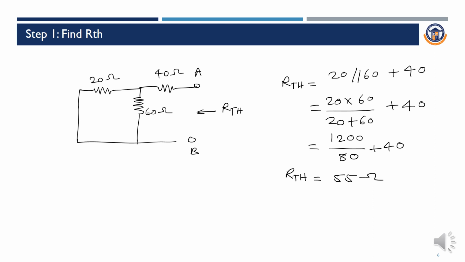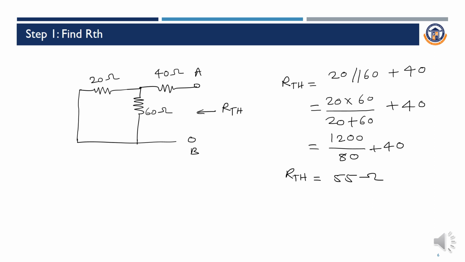The resultant resistor will be in series with the 40 ohm resistor. To make it a single resistance, we have to add the parallel value of the 20 ohm and 60 ohm with the 40. The same procedure is followed here. After all the calculation, we will get the RTH as 55 ohm.